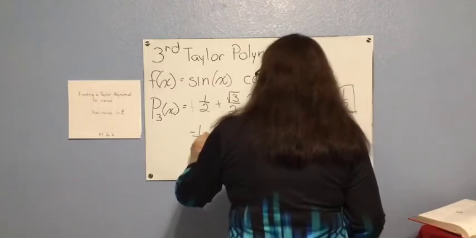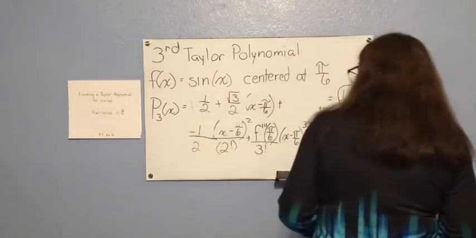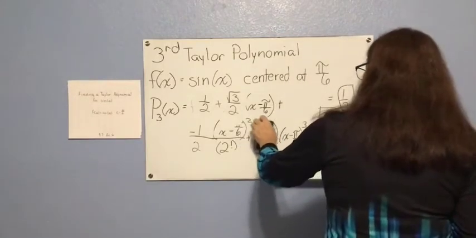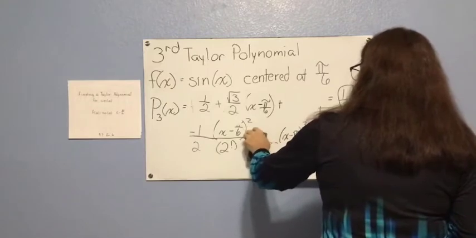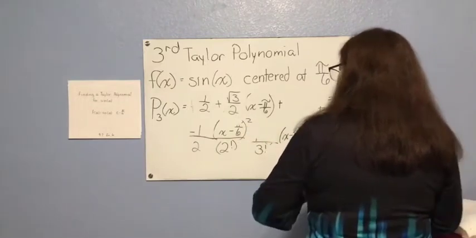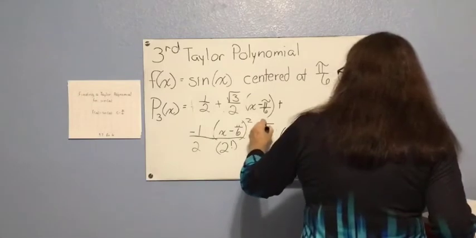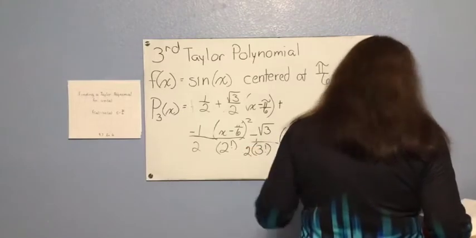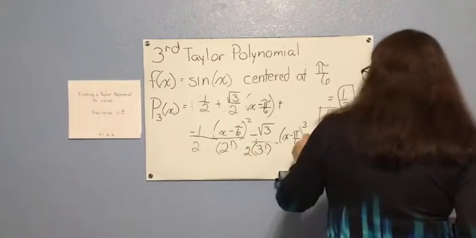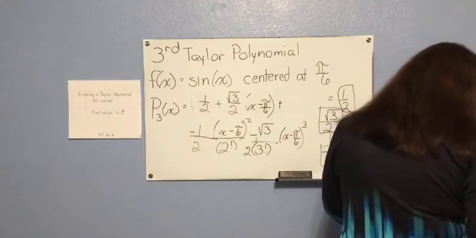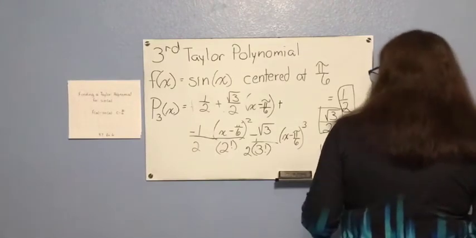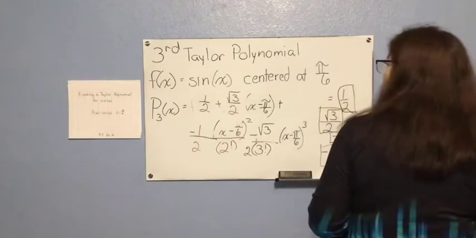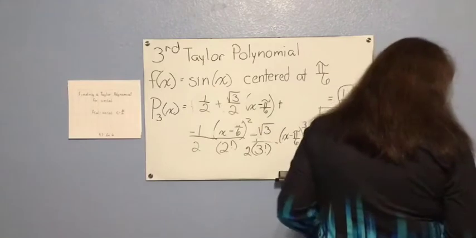So we've got, make that all one fraction, 2 times 2 factorial. And then the third derivative is negative square root of 3 over 2. So I'm just going to make that 2 times the 3 factorial, like that. Okay, and you can put this in your calculator and see how well it models this function sine x.